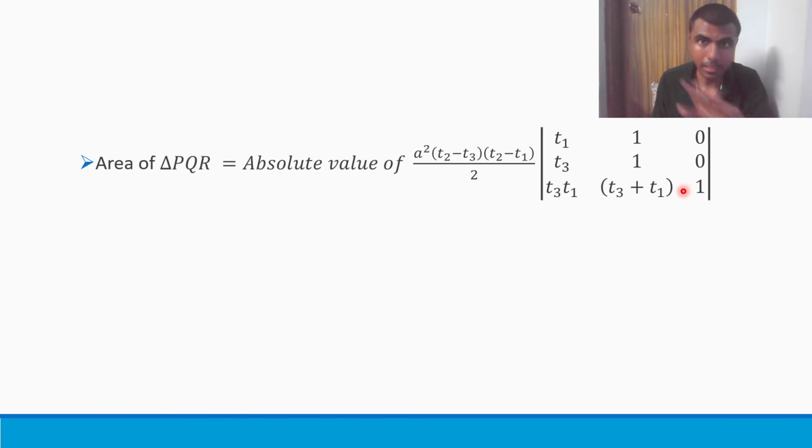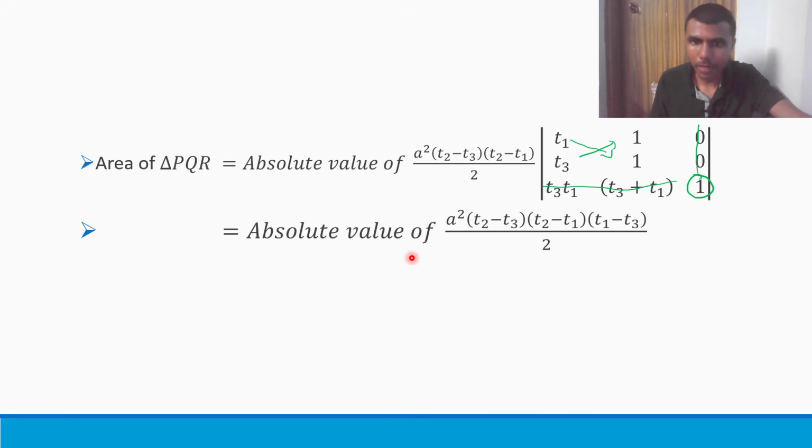These two are zeros, so the determinant value is nothing but 1 into, you close the row and column in which 1 is there, 1 into T1 into 1 minus T3 into 1, which means T1 minus T3. This entire determinant's value is 1 into T1 minus T3, that means T1 minus T3. That's all. So absolute value of A square, T2 minus T3, T2 minus T1, T1 minus T3, by 2.